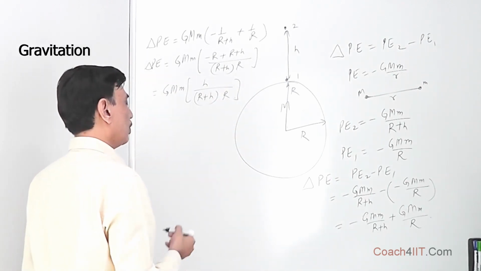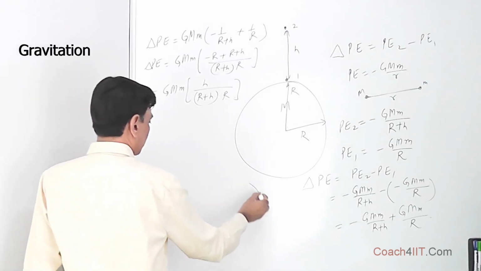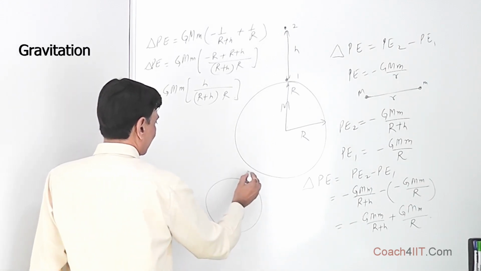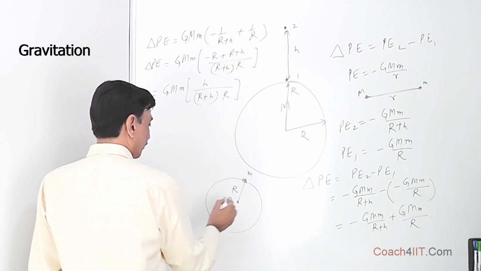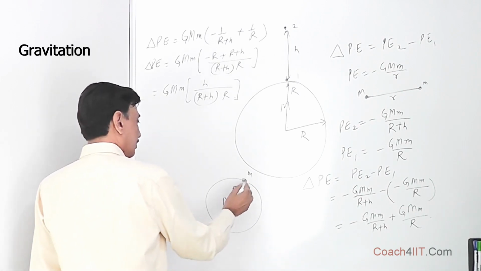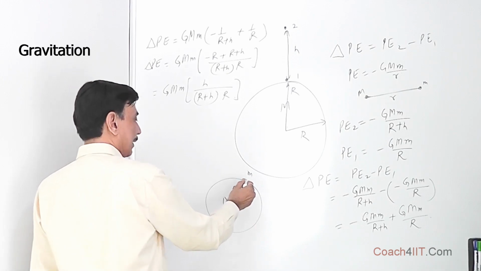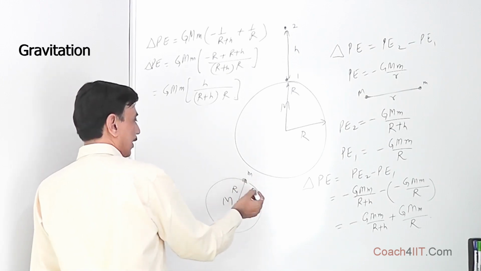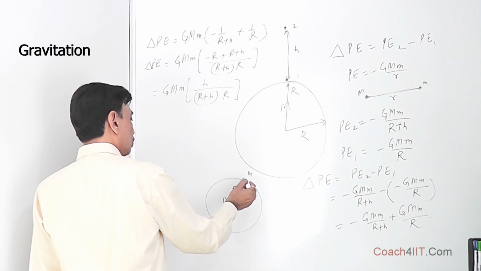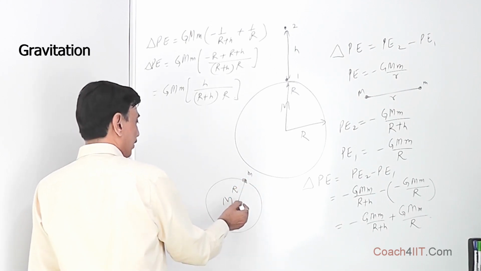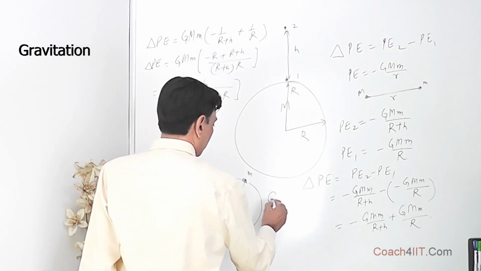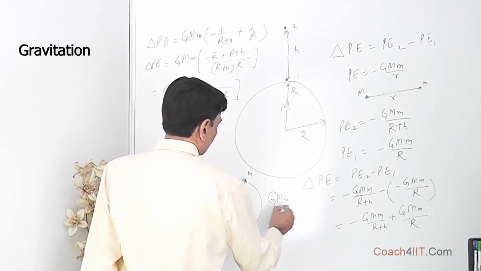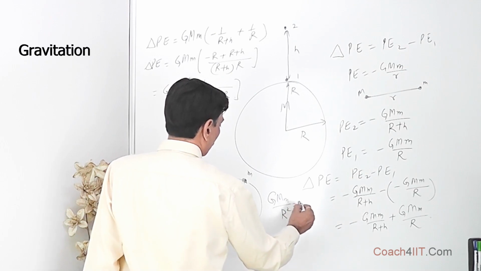Now we have done this substitution a number of times. When the mass m is at the surface of earth, radius of earth is capital R and mass of earth is capital M, then earth is going to attract this small mass m with a force, or we can also say that a small mass m is going to attract earth of mass M towards itself by a force, that is gravitational force, which is GMm by R square is equal to mg.